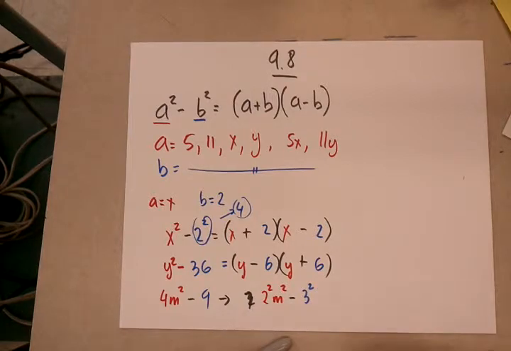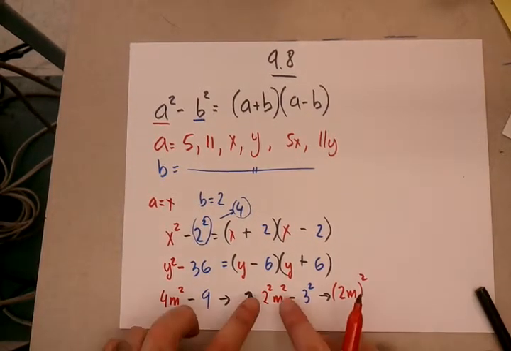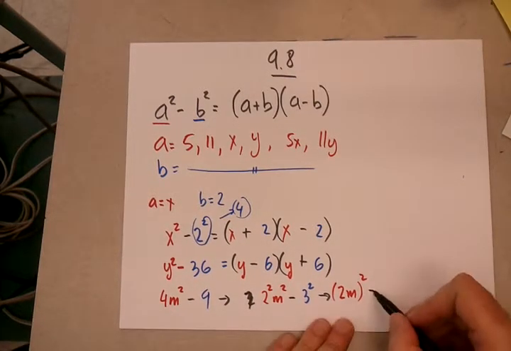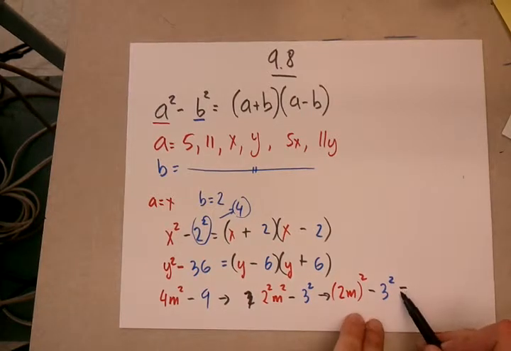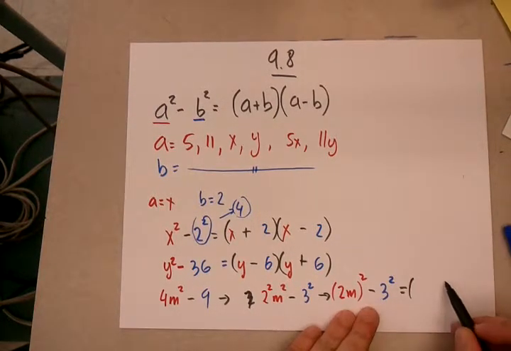And I can further rewrite this as 2m, we'll take them to the second power since they both have a power of 2, minus 3 squared. And now that I have this, I can write it in the a plus b with the a minus b format, with the 2m being the a and the 3 being the b. So I write my two parentheses.